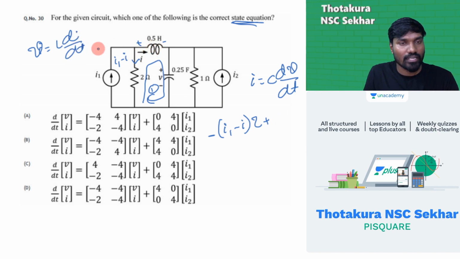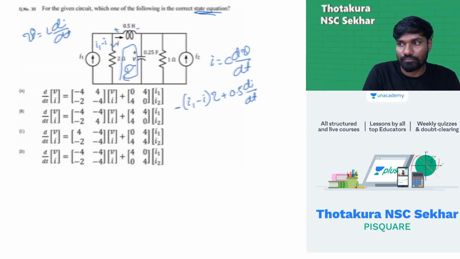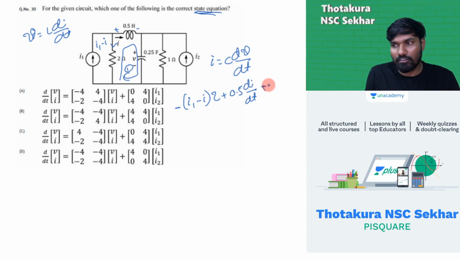Voltage across this is what? L di by dt. L value is 0.5, so I can write directly 0.5 di by dt. Okay, let me just bring it down so that it will be clear for you. Di by dt, then plus V is equal to 0, this voltage. KVL is done. This is the first equation.